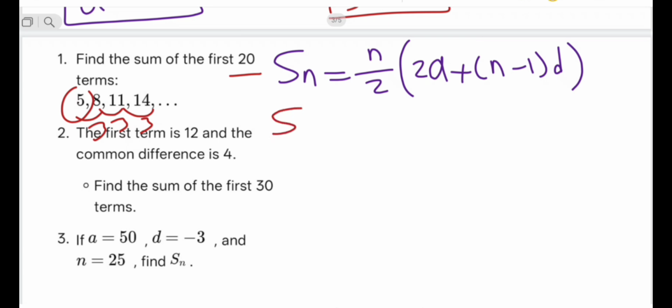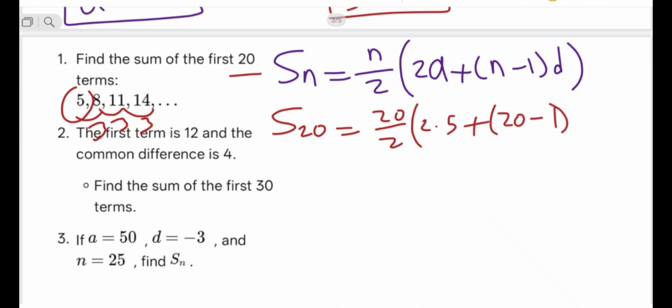Sn, n is 20, the first 20 terms, so n is 20 over 2, multiply, 2 times a, a is 5, n is 20 minus 1, d, the difference, is 3. Let us simplify. 20 divided by 2 is 10. 2 times 5 also 10. 20 minus 1 is 19.